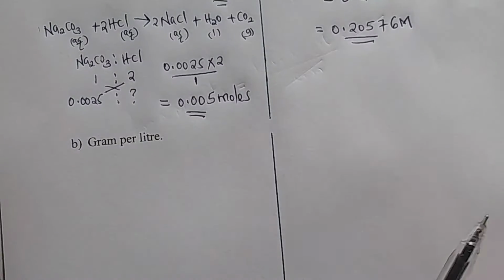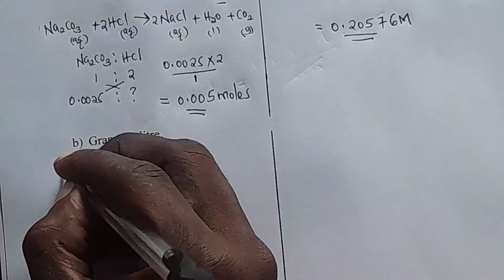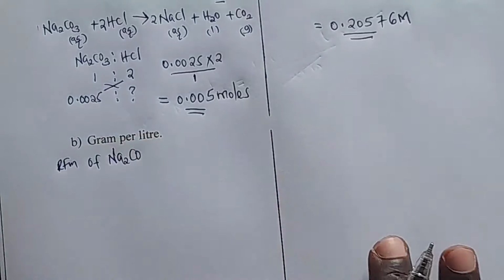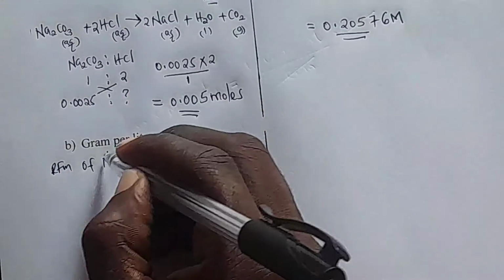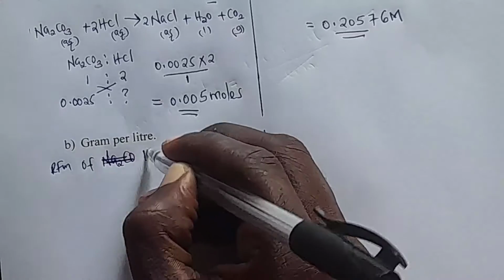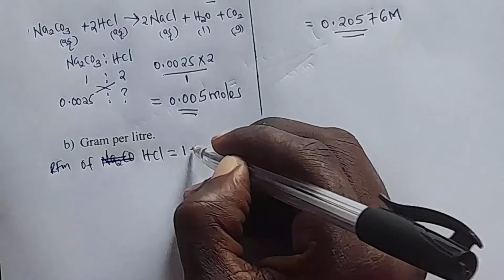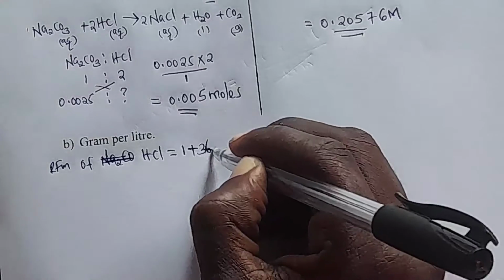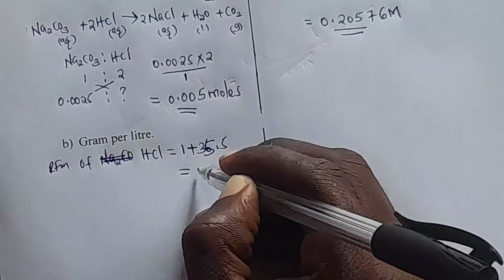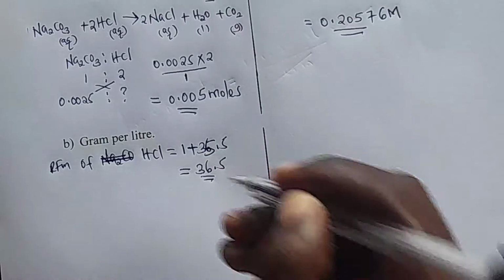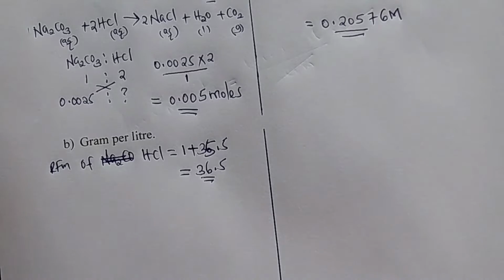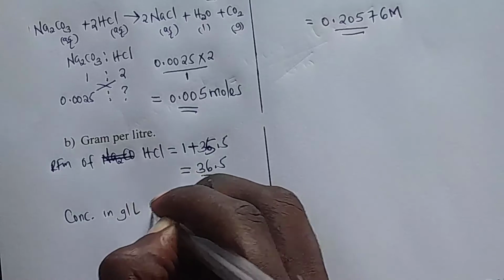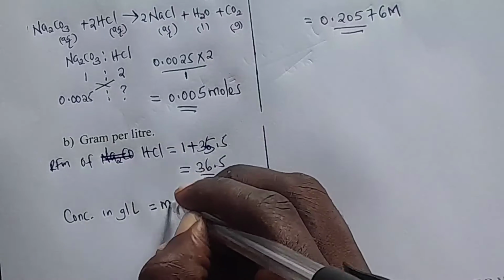So we have to get the RFM of hydrochloric acid. Hydrogen has a relative atomic mass of 1, chlorine 35.5. If you add, we get 36.5 as the RFM of hydrochloric acid. So concentration in gram per liter will be equal to molarity times RFM.